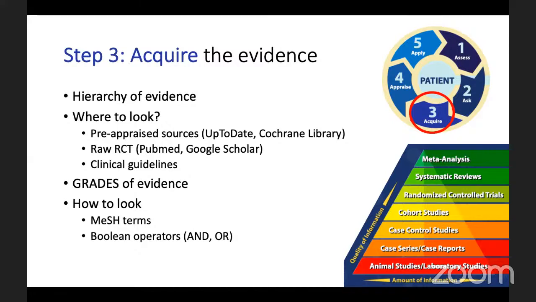We can look at pre-appraised sources, such as UpToDate or the Cochrane Library, or we can look at raw randomized control trials, such as PubMed or Google Scholar, and we can also make use of our clinical guidelines. We're also going to look at the grades of evidence, which I'll discuss in the next slide. And it's also important to know how to look for information, so using your MeSH terms or your Boolean operators.